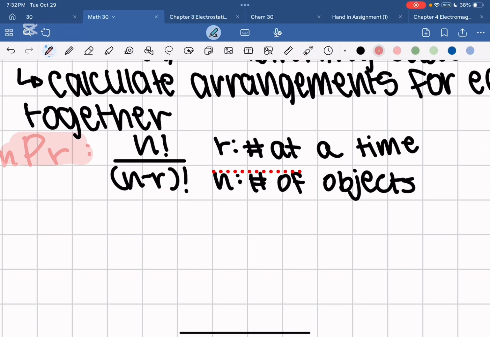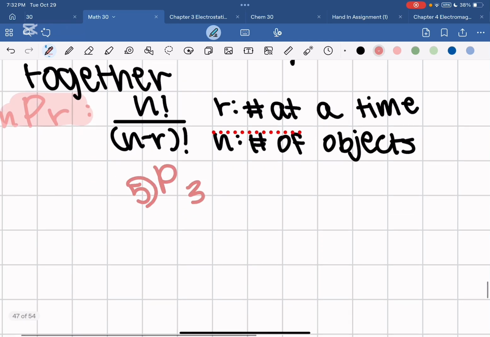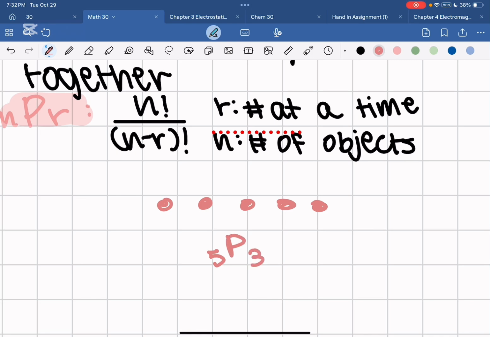So let's say I had 5P3. It means out of 5 objects, I'm focusing on 3 of them. So if I had 5 balls and I had to pick 3, that would be 5P3.